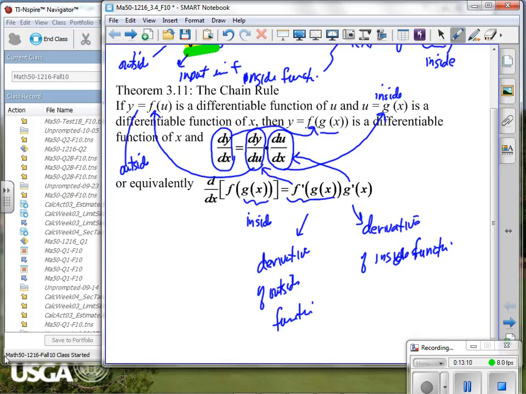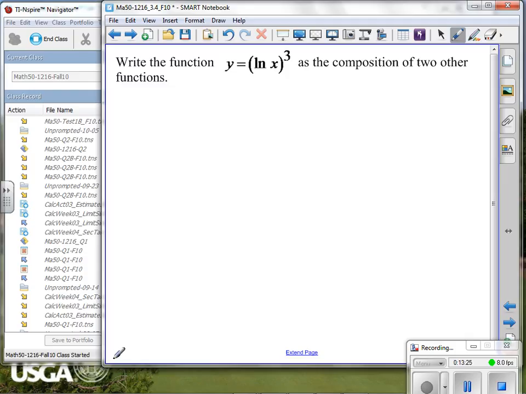Okay. Now, if this is the first time you've seen this, it can be a little confusing, so we're going to make sure, again, that we take this apart piece by piece and that we have some understanding of it. So let's go to the next slide. This is asking you to do nothing more than write this function as the composition of two other functions. So take a look at that.